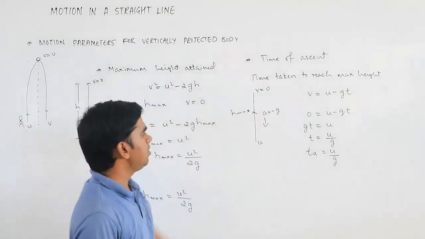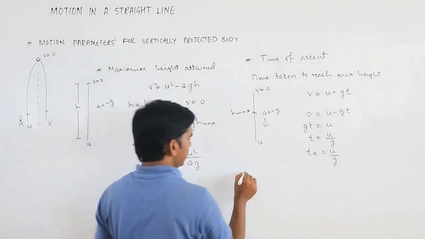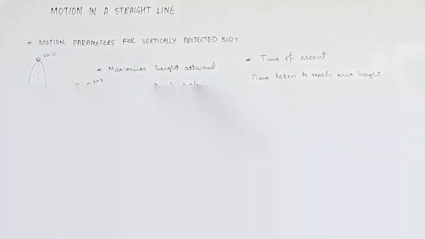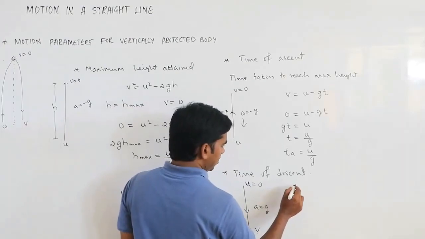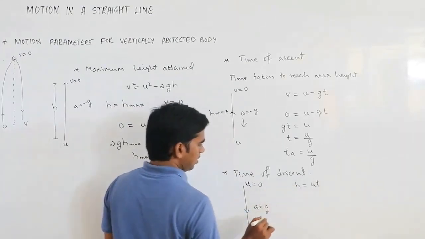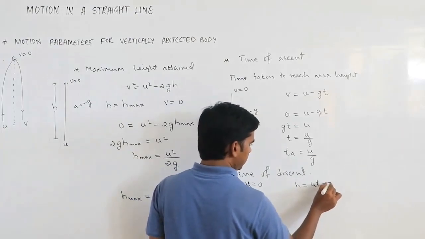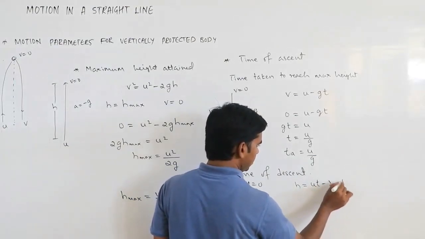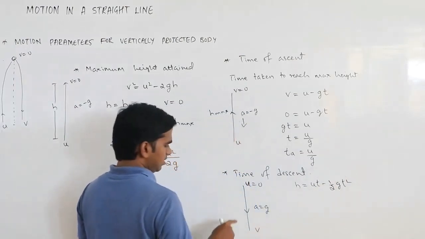Now you will see time of descent. Now I will use the equation h equals ut plus half g t square. Minus sign or plus sign?